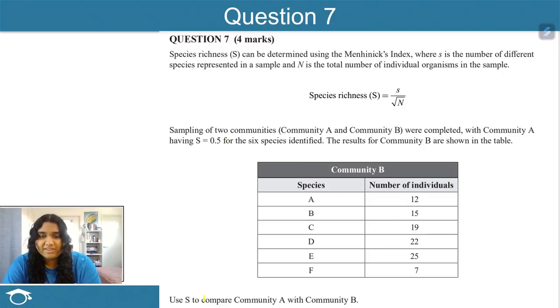Now, just before we get into the question, compare has a very specific meaning in the QCAA. Compare goes beyond your contrast. So if you ever see contrast, it literally just means to identify similarities and differences. Compare goes beyond that, where you need to talk about the similarities and differences between 2 groups, but also attribute a significance to them or a reason why the similarities and differences exist.